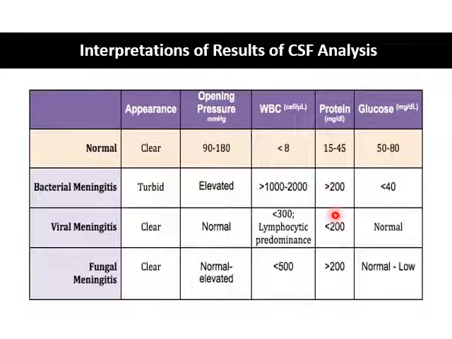There is marked increase in the bacterial and fungal meningitis and mild increase in the viral meningitis. Glucose. There is marked decrease in the glucose content in the bacterial meningitis, with normal or mild decrease in fungal meningitis.